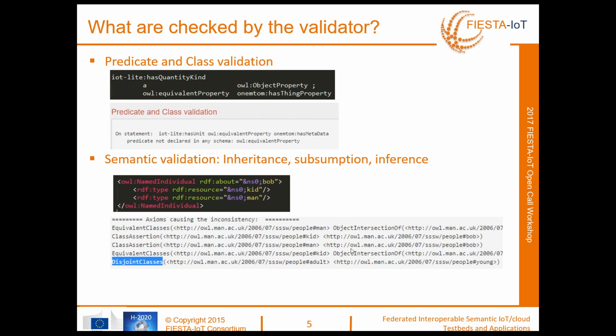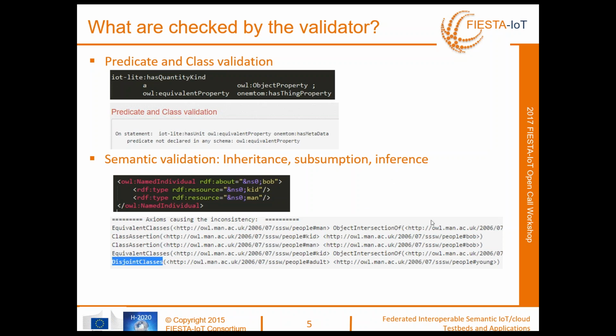But in the ontology that we made reference to, a kid and a man are disjoint classes. So this is a semantic error. That's an example of an inference problem.